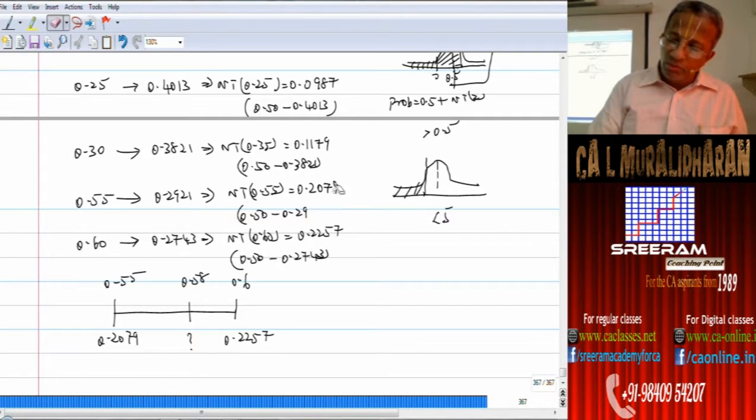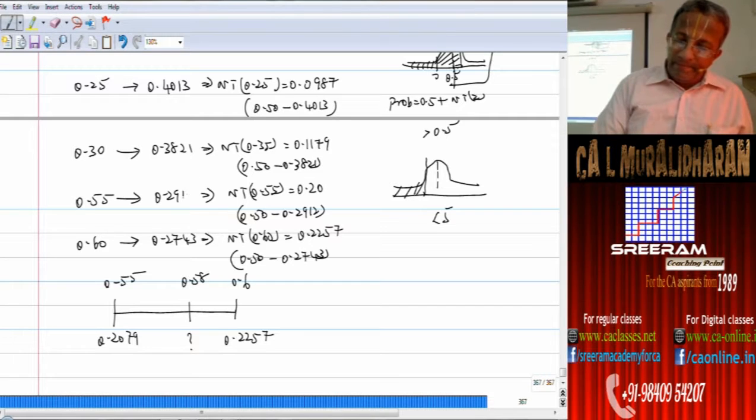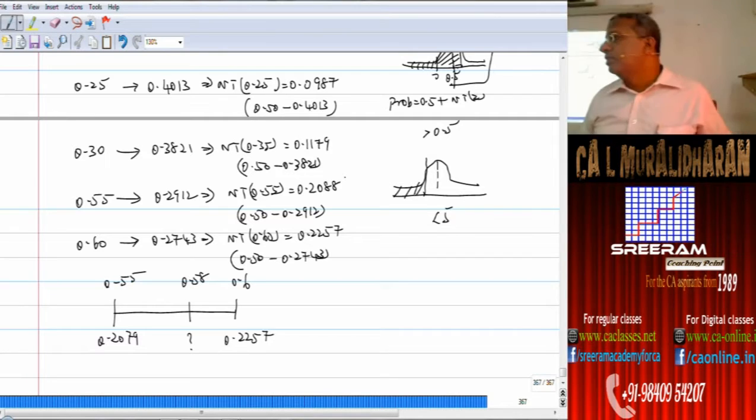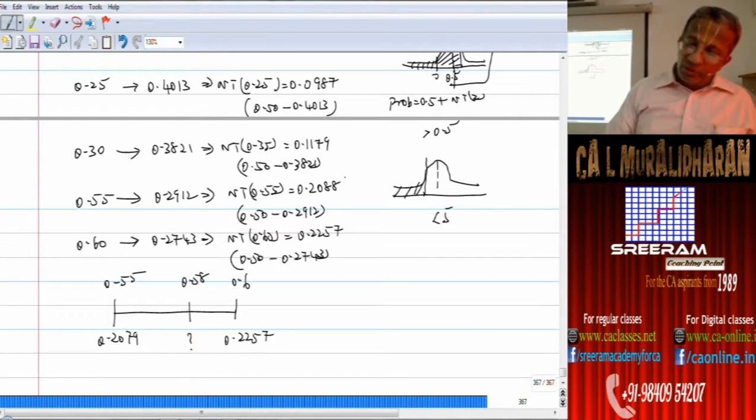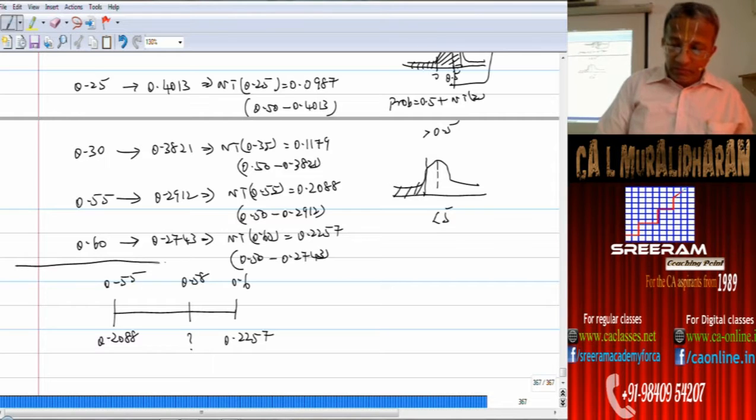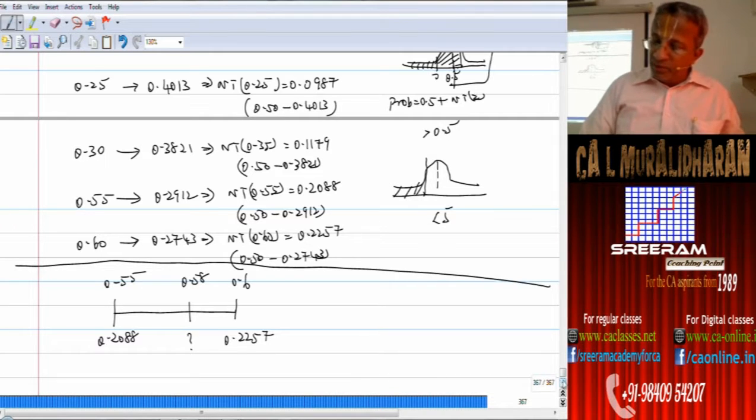So now let us arrive at the interpolated value. It is 0.2088. So how do we interpolate?